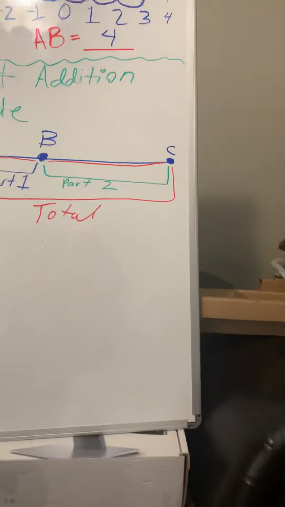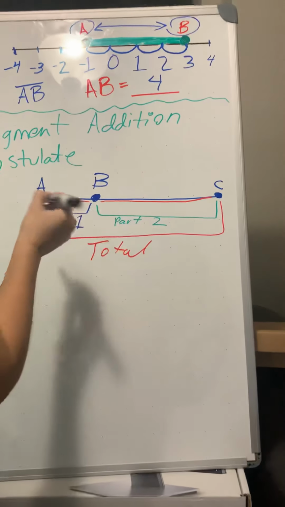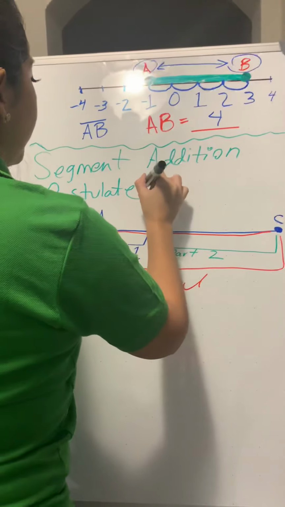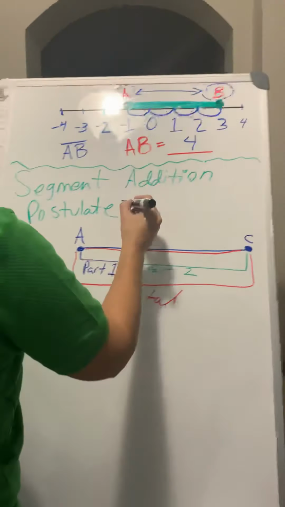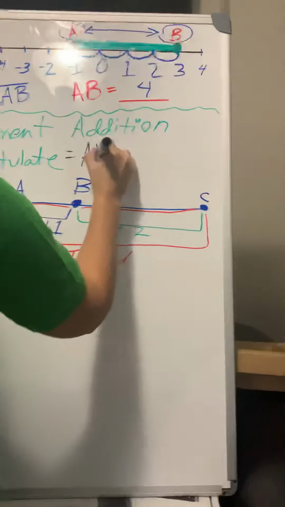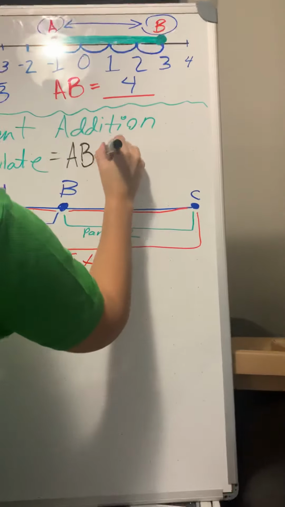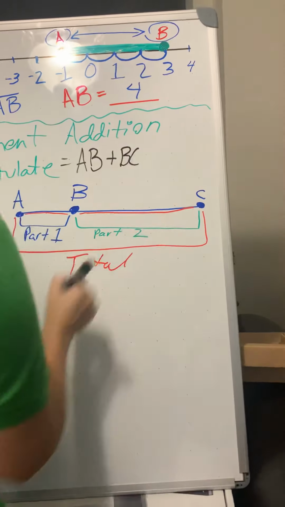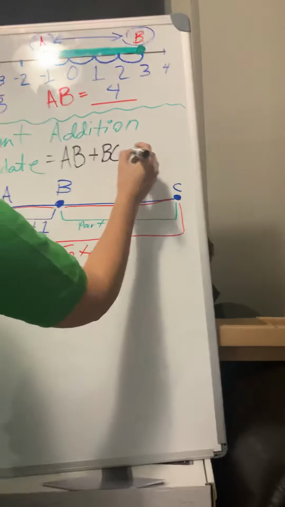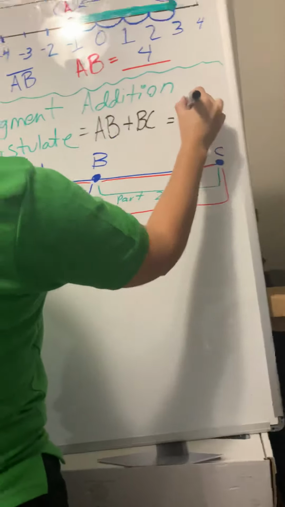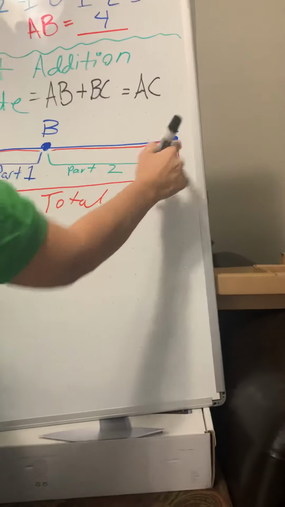So you can assume here in the segment addition postulate, in a formula setup, it would be AB, which is your part 1, plus BC, which is your part 2, equals AC, which is your total.